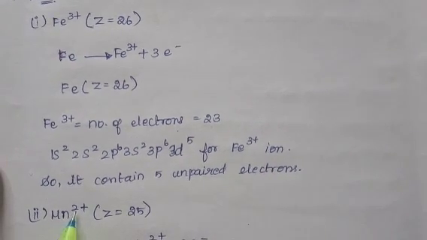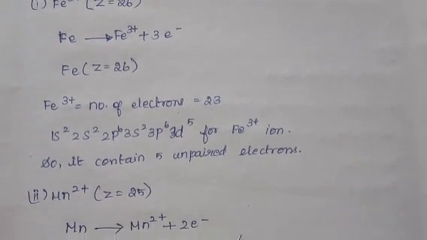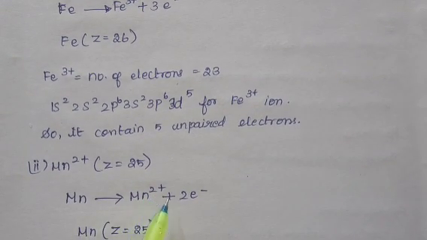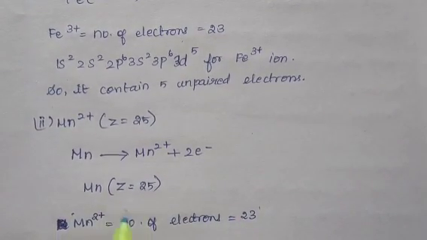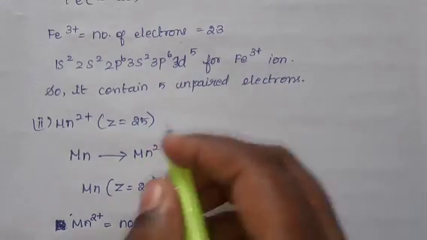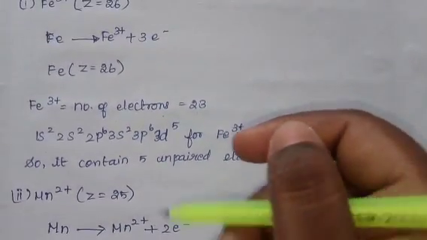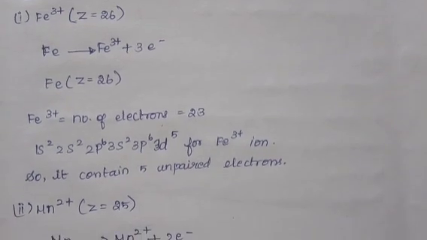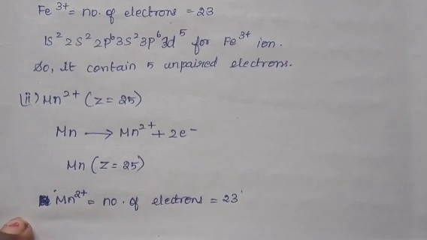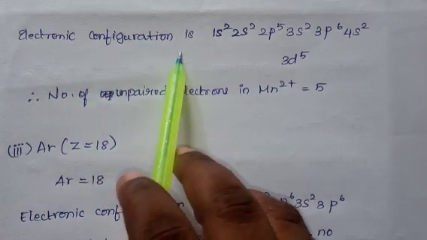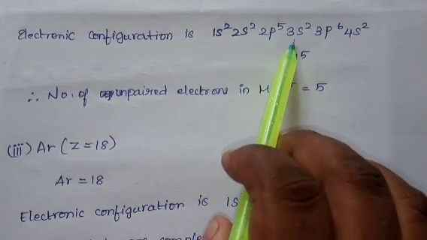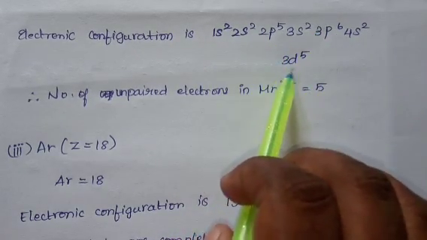Next, second one, Mn2+. Mn Z is equal to 25. Mn gives Mn2+ by losing 2 electrons. Mn2+ is equal to number of electrons is equal to 23, and the electronic configuration is 1s2, 2s2, 2p6, 3s2, 3p6, 4s2, 3d5.